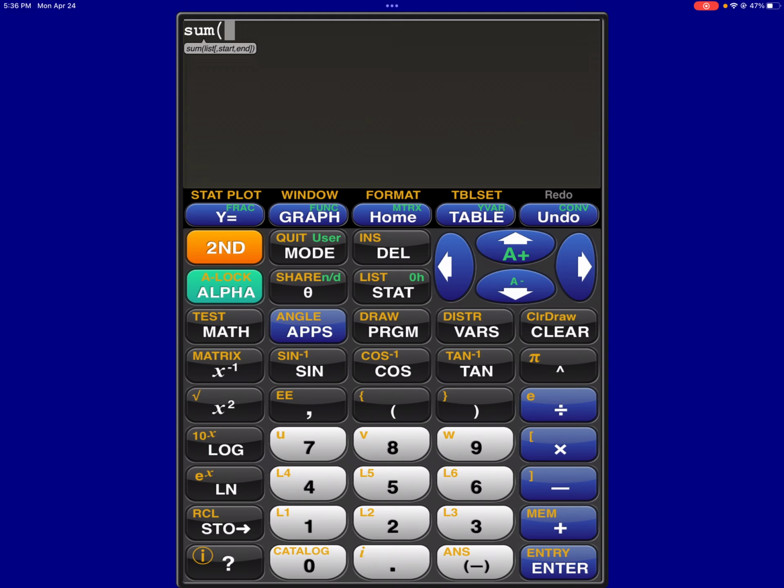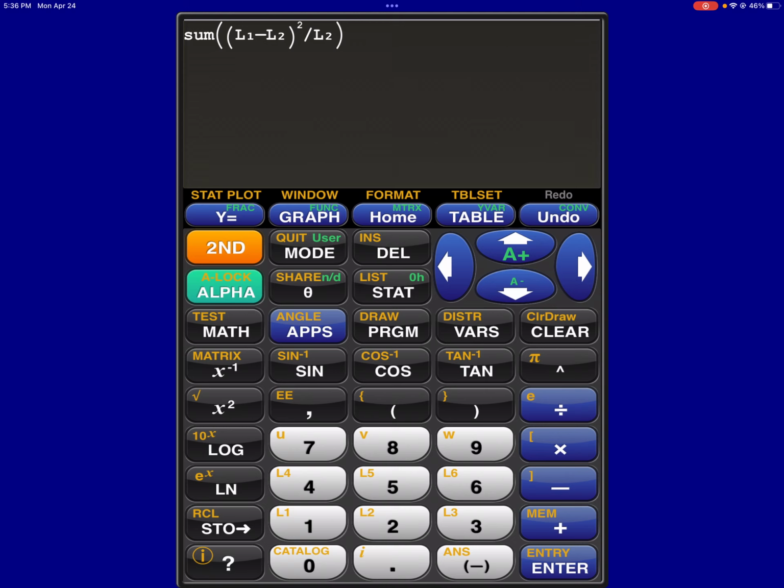So all I need to do now is do my next parenthesis, my list 1, so second one, minus second 2 to get list 2, and then all squared, and then divided by list 2.